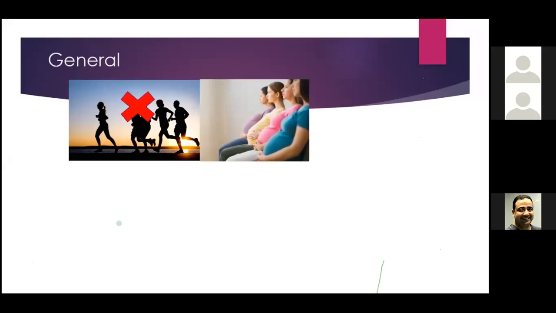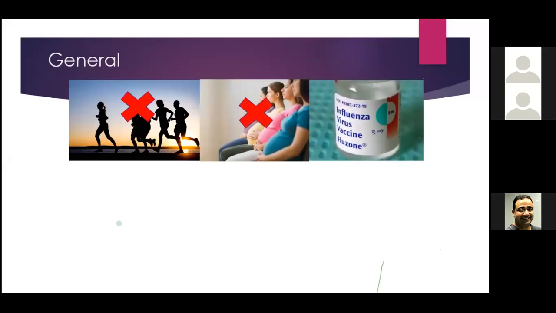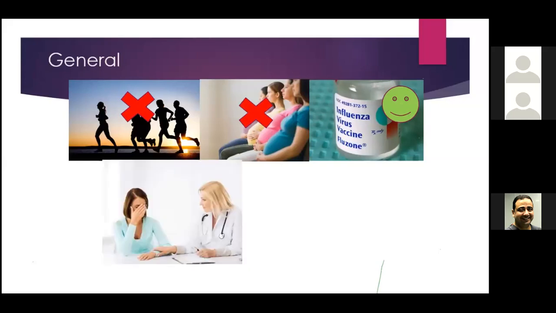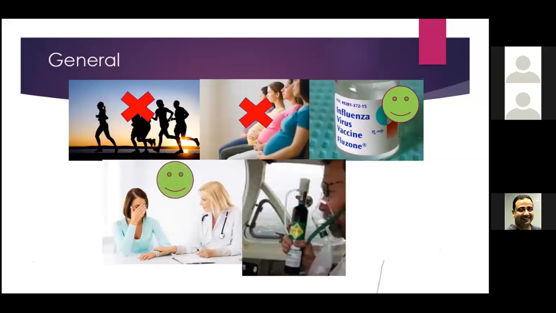The female patient shouldn't be pregnant, and the patient should have the influenza vaccine every year. And I think after the COVID vaccine is discovered, they should also have the COVID vaccine. And they should have psychosocial support and oxygen during flights.